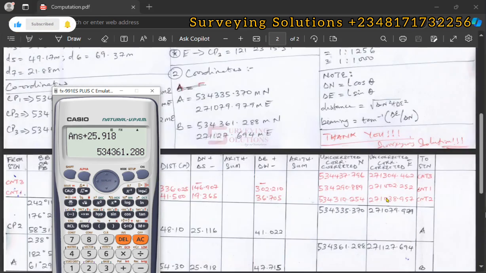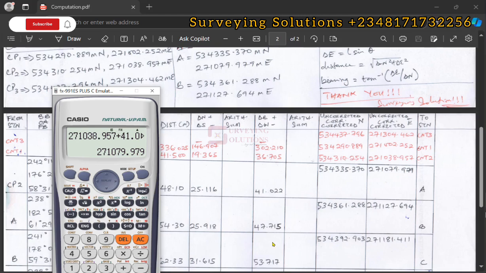So let's start that of the listing as well. So we have 271,038.957, right? Good. And then plus 41.022. That gives us 271,079.979. So you do this plus 47.715.